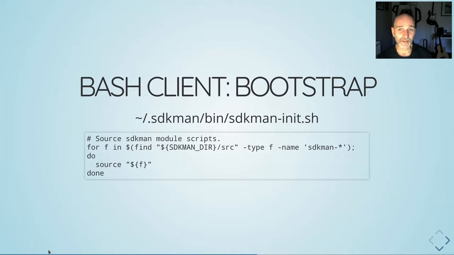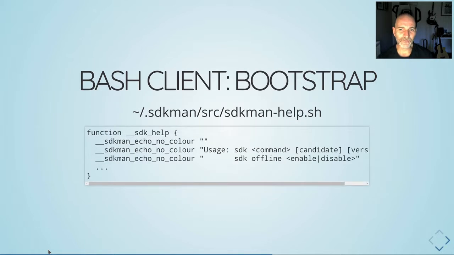So inside that particular file, that init file, what we go and do is we go and look inside of the sdkman directory, inside the src folder, and we go and source all the files that we find in there. Now those files in turn all have a top-level function and some helper functions inside of them.